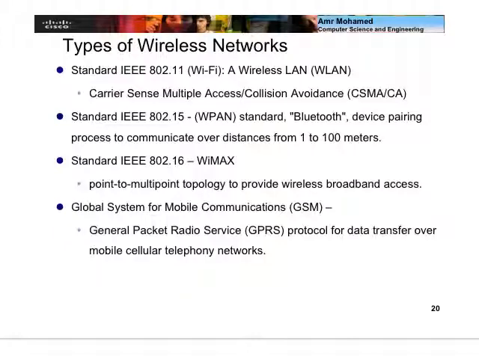GSM is the one that evolved into what we call nowadays LTE, which is 4G. So GSM is the 2G and 2.5G. Nowadays we have 4G, which is what we call LTE Advanced. WiMAX has almost faded away and given the market to LTE pretty much.